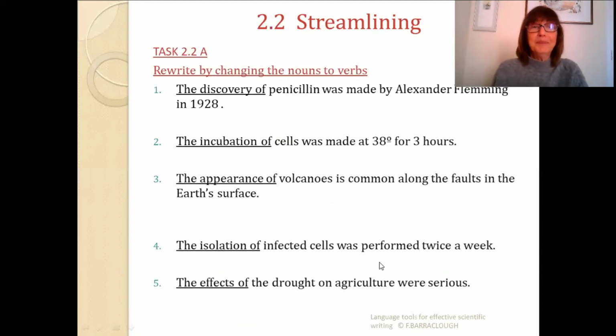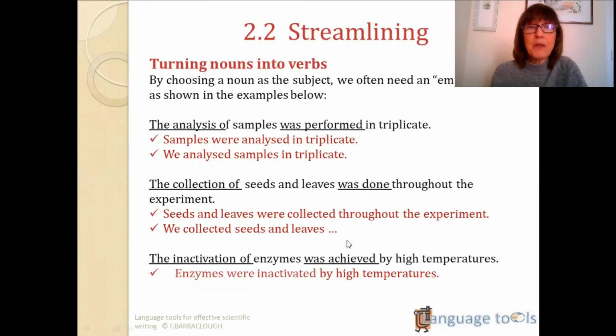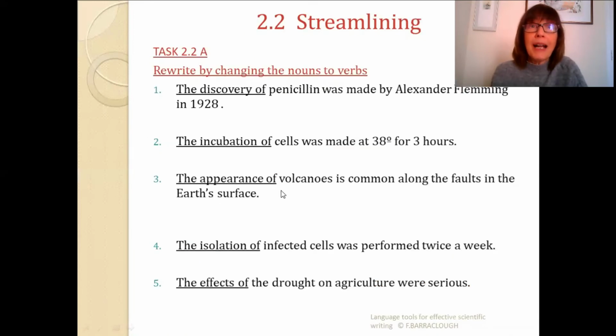Okay, so here we have a little task for you to do. I would like you to follow the examples that you have just seen here, to rewrite these sentences and eliminate all these underlined expressions and change these nouns into verbs, and in doing so, get rid of this second verb and create a shorter and more concise, effective sentence.